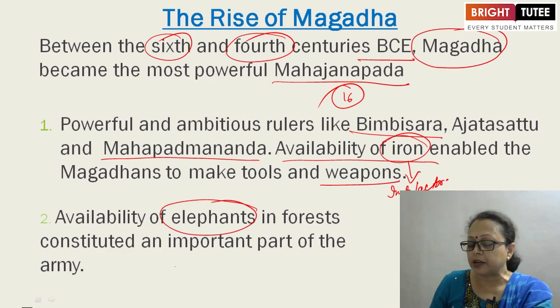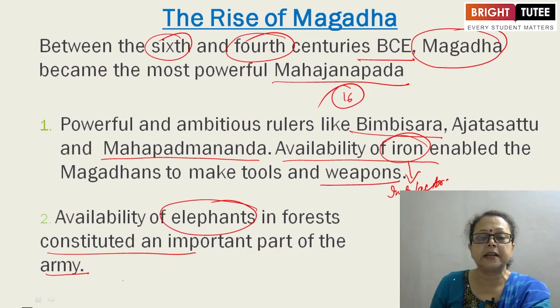This availability of elephants constituted an important part of the army. We have just discussed that they had a permanent standing army, and this way they also used elephants for army and defense purposes.